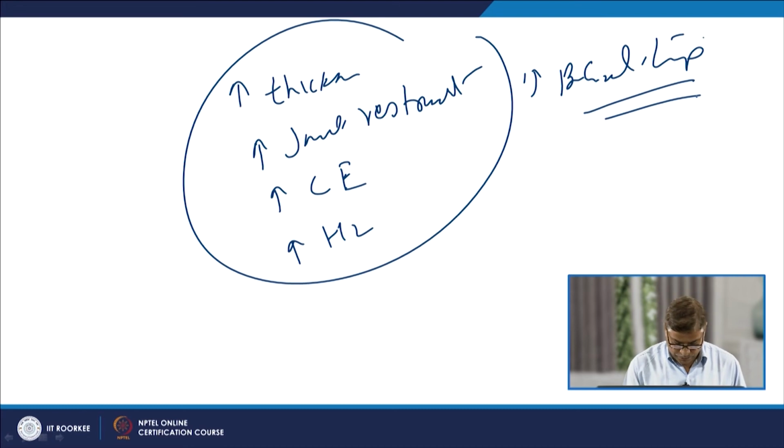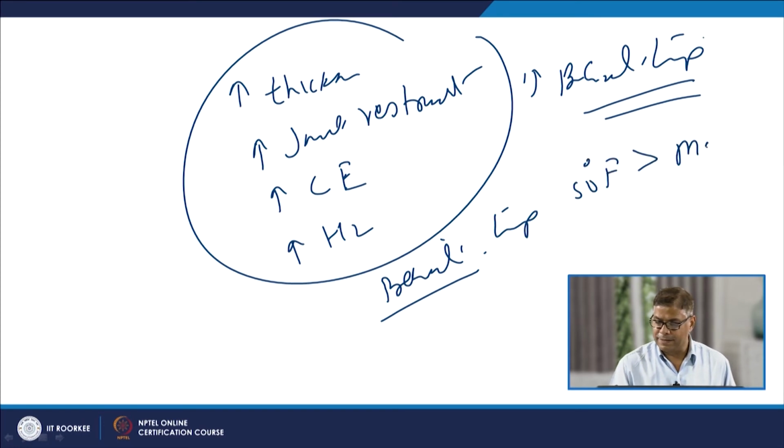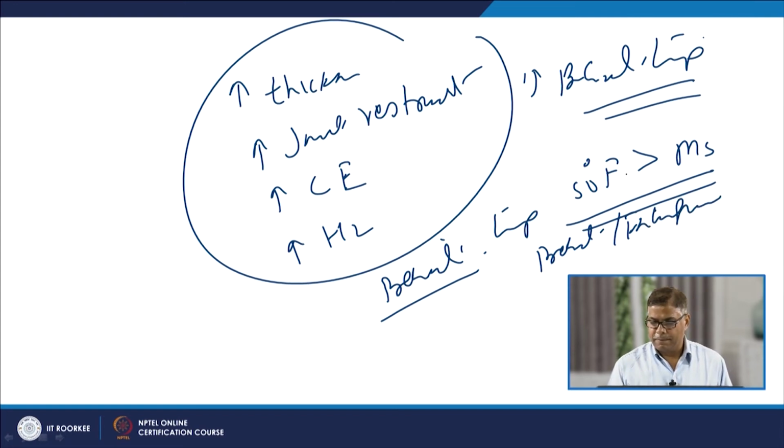And when it is possible to apply the suitable preheat, then the preheat temperature selected must be about 50 degrees Fahrenheit greater than the MS temperature. Not just the preheat temperature, but also the interpass temperature should be greater than the MS temperature by 50 degrees Fahrenheit.